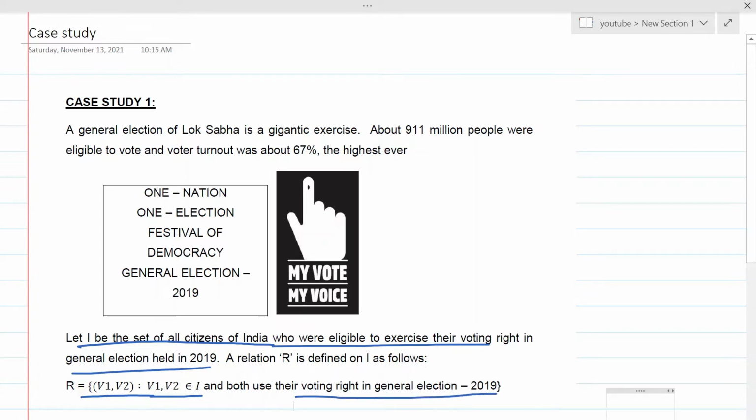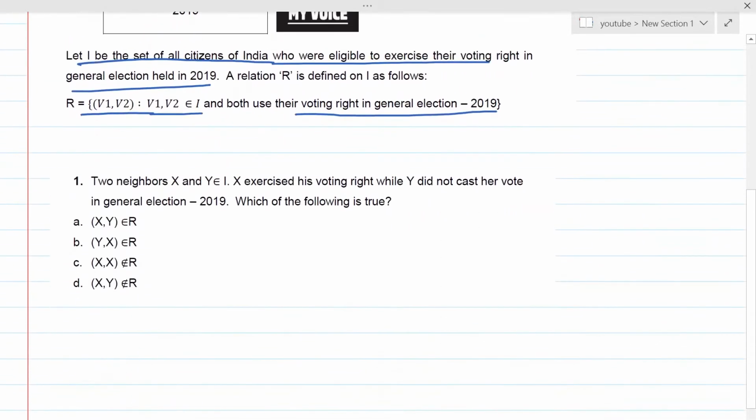So let's see what the first question is. Let there be two neighbors X and Y who belong to the set I, meaning they are citizens of India and eligible to vote. Now, X has exercised his voting right while Y did not cast her vote in the general elections. Then which of the following is true?